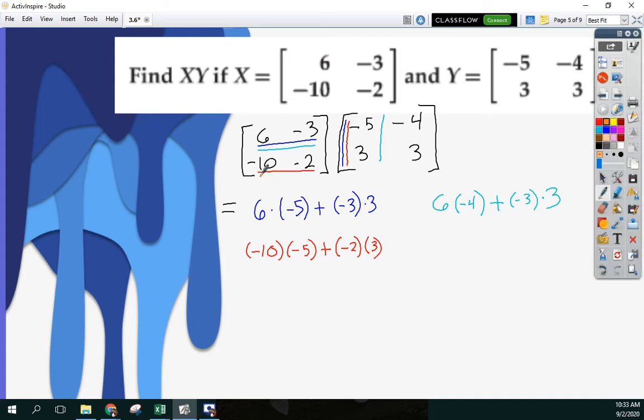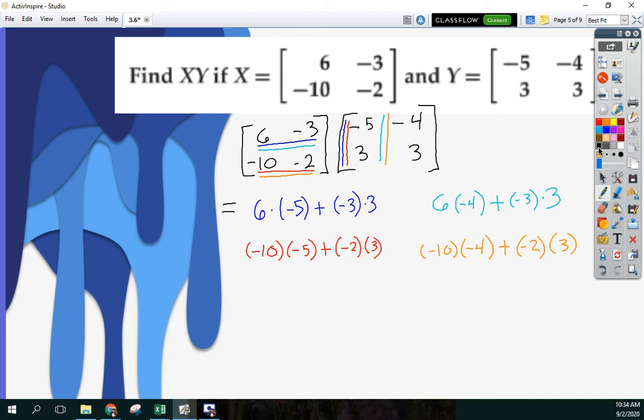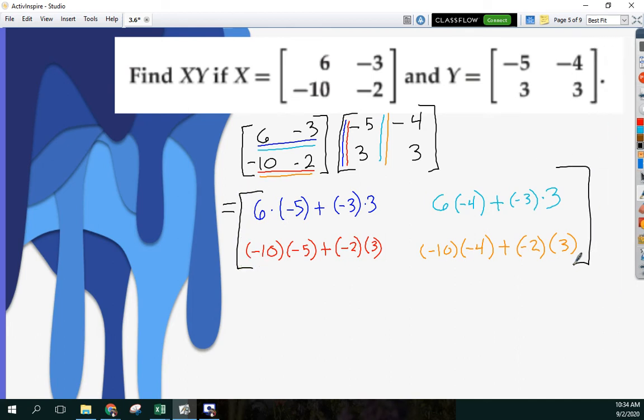Again, going on, we're using that same row, but our second column this time. So we have negative 10 times negative 4 plus negative 2 times 3. And this is going to be my resulting matrix. And then we're just going to simplify everything.